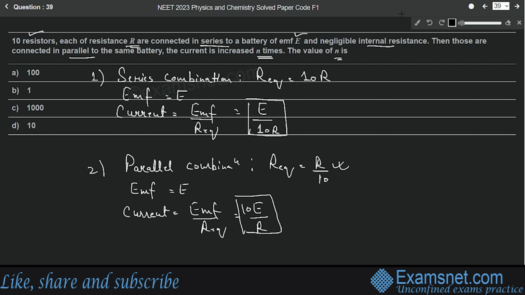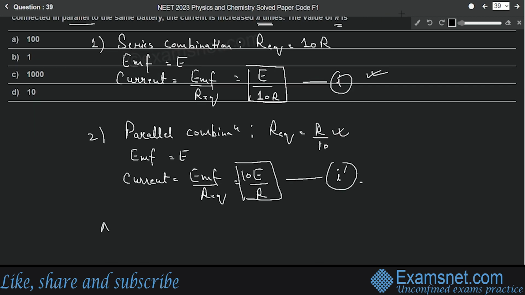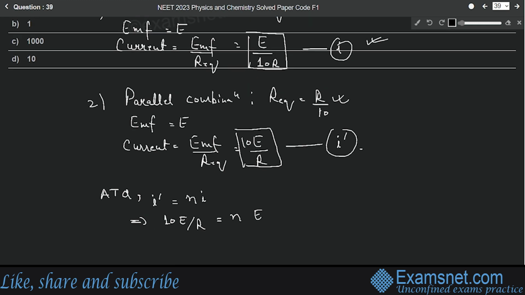Let's say the current in the first case was I and the current in the second case is I dash. So according to the question, I dash is n times the initial current I, I dash is 10E by R, and that is n times E by 10R.